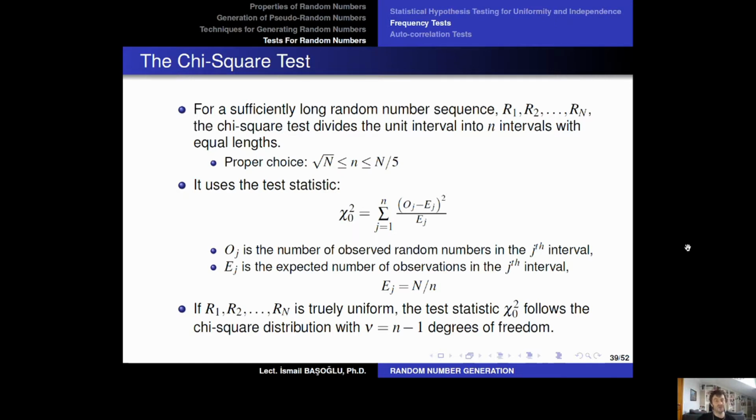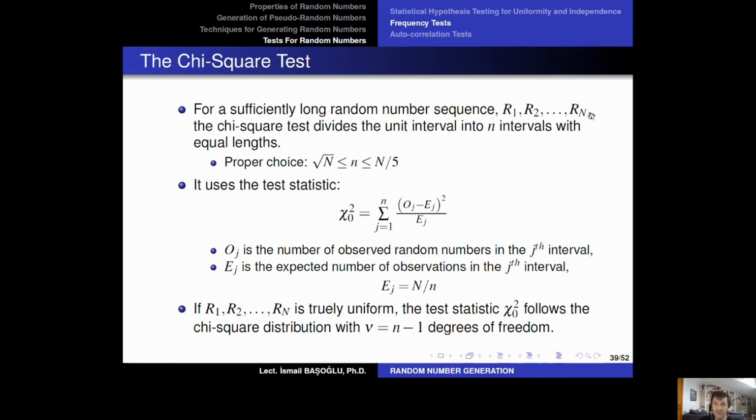Now, how do we perform the chi-square test? Suppose that you have a sufficiently long random number sequence and you divide the unit interval into n intervals, and these should be equally spaced subintervals. The proper choice for the number of equally spaced subintervals that would divide the unit interval should be between square root of N and N over 5.